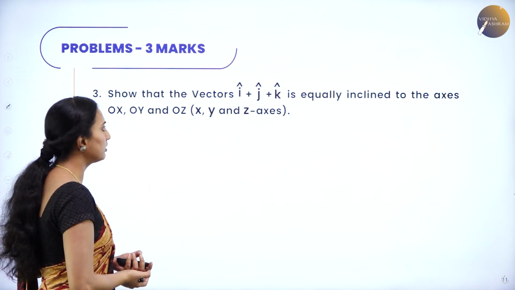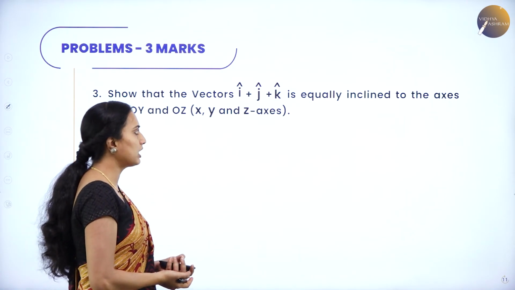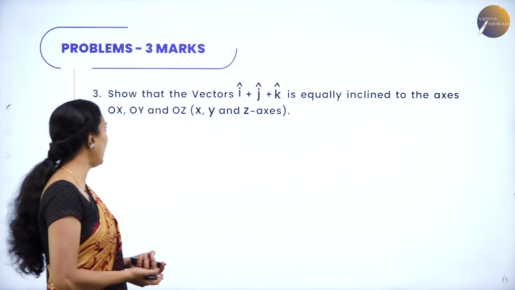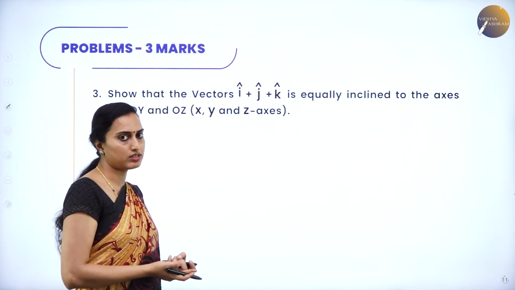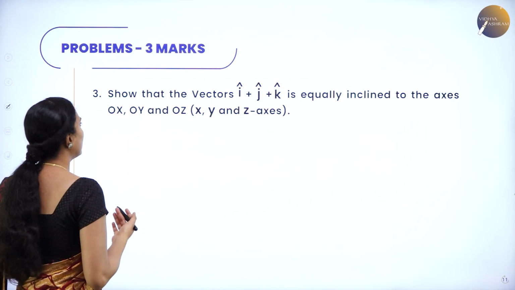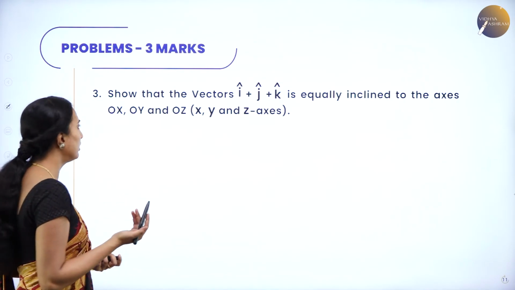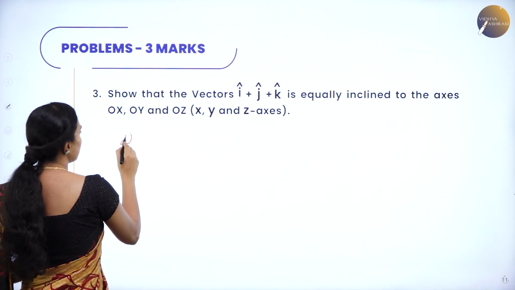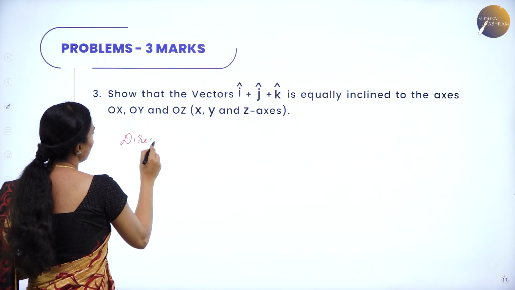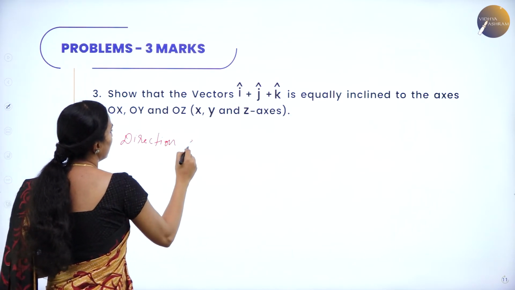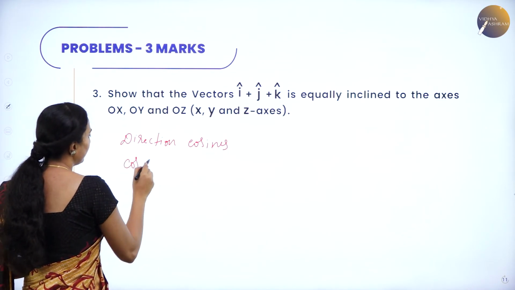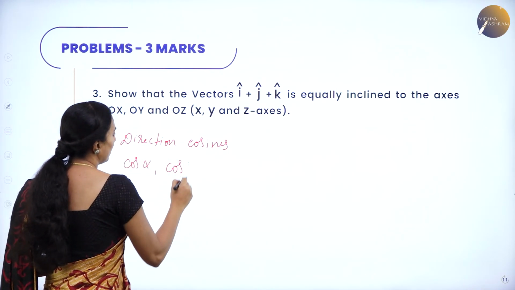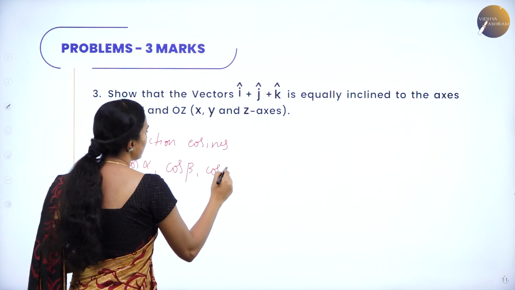Show that the vector i plus j plus k is equally inclined to the axes OX, OY and OZ. Here you find the direction cosines, given by cos alpha, cos beta, cos gamma.